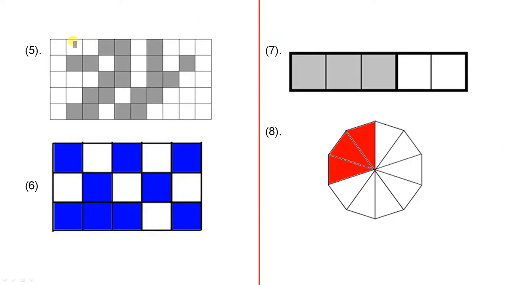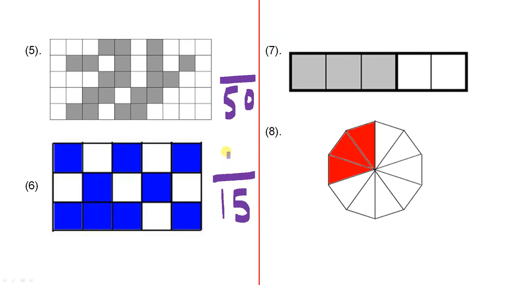Same here. Here we've got 1, 2, 3, 4, 5, 6, 7, 8, 9, 10, 20, 30, 40, 50. So that'll be over 50. So once you find the number of squares that are shaded, you'll have something over 50. Change that fraction to something over 100 and your answer in percentage will be there. Here we have 15 squares, so that's over 15.